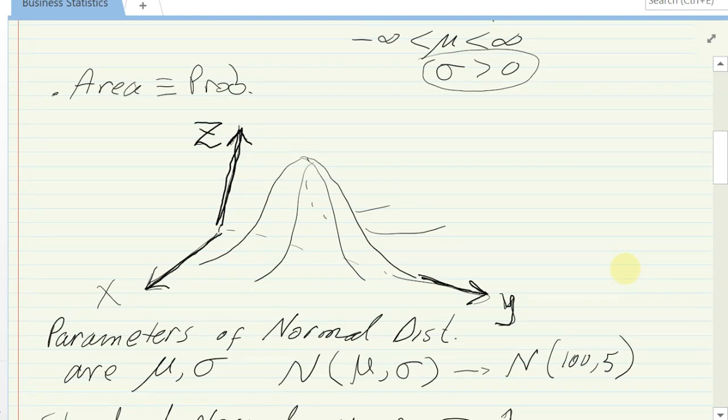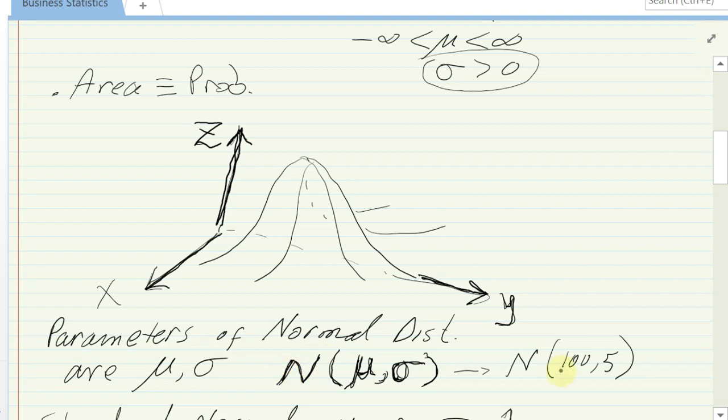Now, every normal distribution, the ones we look at, has what we call two parameters. The parameters are the values we need to know in order to be able to find the values under the curve. So the parameters of the normal distribution are the mean and deviation, mu and sigma.